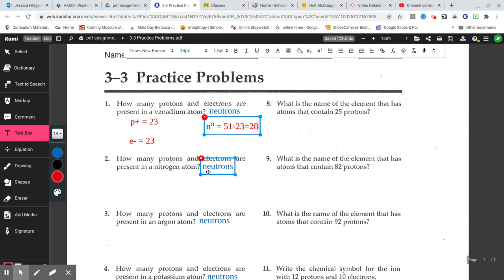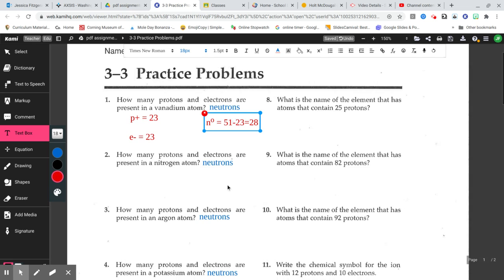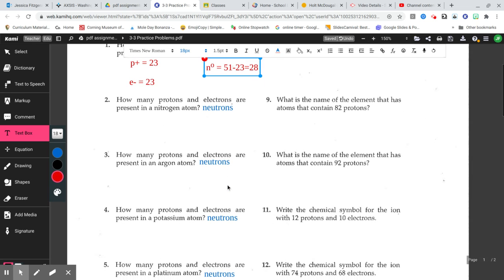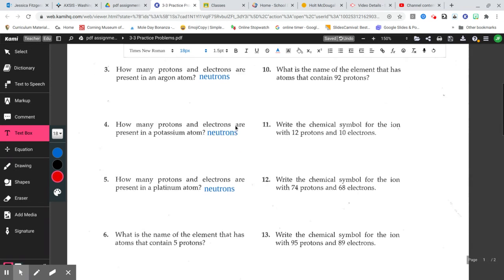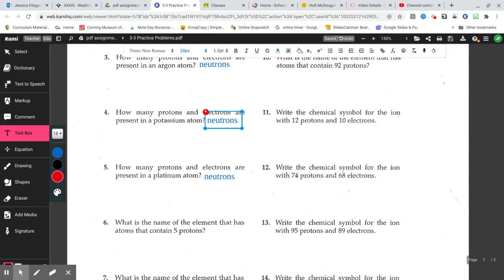So number 1 is the model for 2 through 5, where you identify, again, the protons, electrons, and neutrons for each atom. You can pause the video and go on and answer 2 through 5 and then pick back up, or you can work all of them out at the end of the video after you've worked each example.